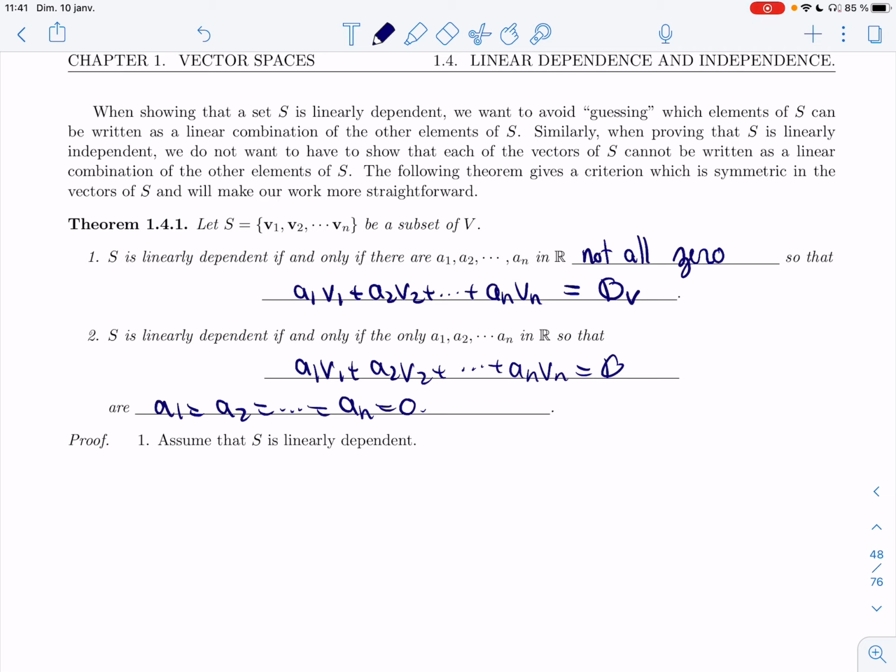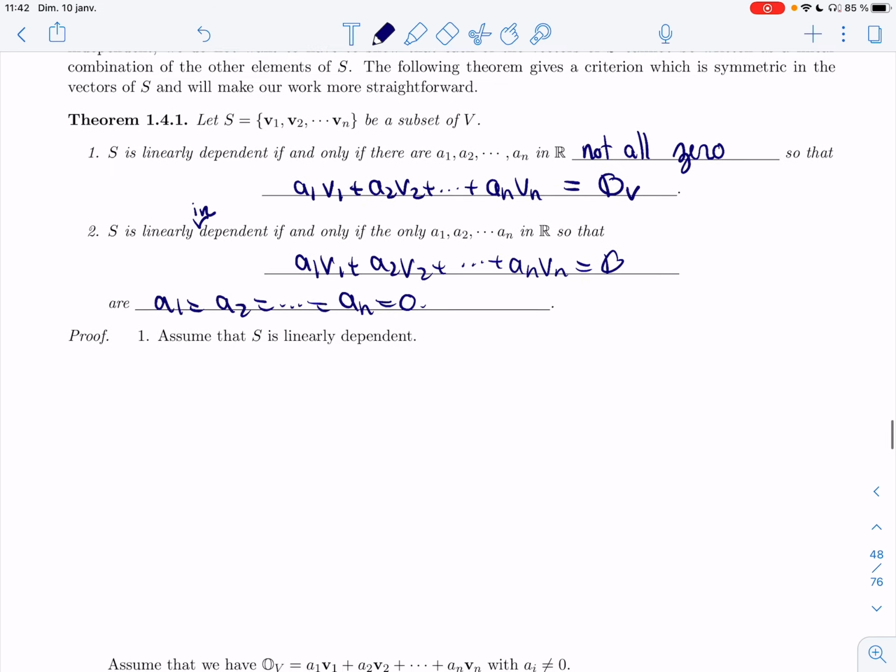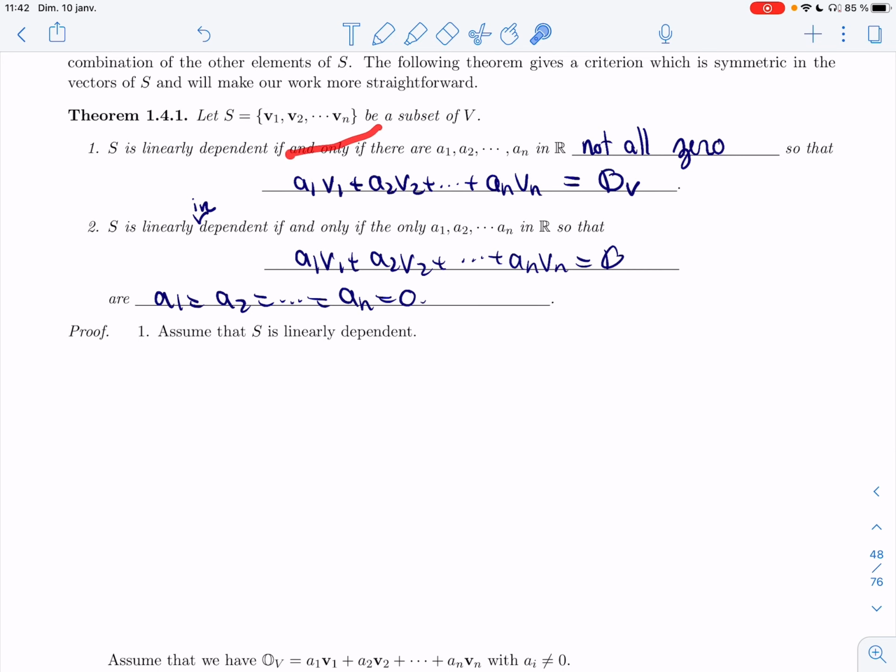All right, so I want to prove that this is equivalent to the original definition. I'm going to prove 1; 2 follows just because dependent and independent, if and only if, yeah, that works. All right, so assume that S is linearly dependent. I want to prove that this here is true.